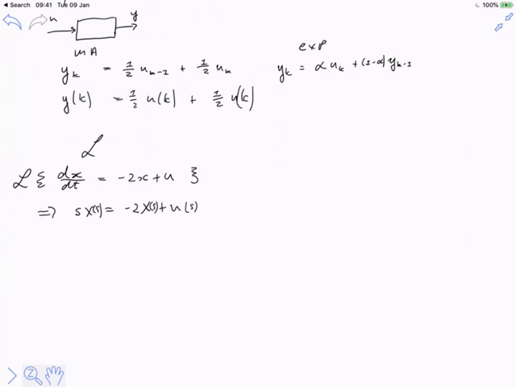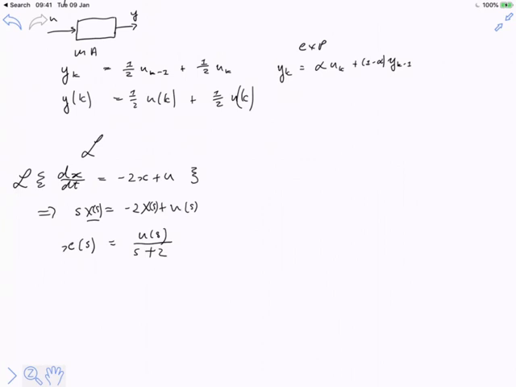And with some manipulation, we ended up with a transfer function. So we isolated X, and we said, okay, I can write X of S in closed form as U of S divided by S plus 2. And at that point, we had written the mechanics of the system that is described by differential equations.